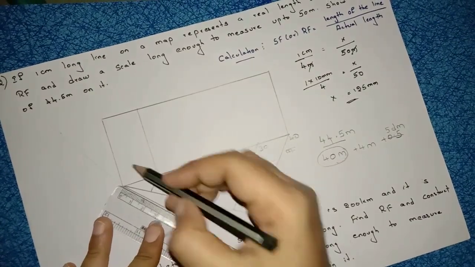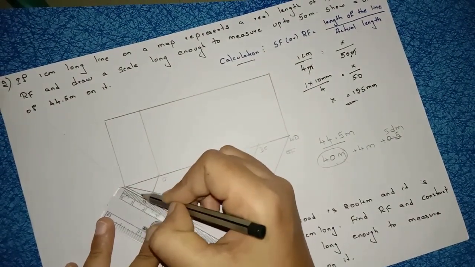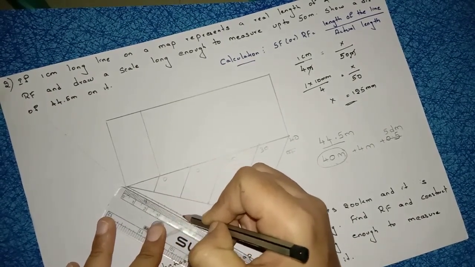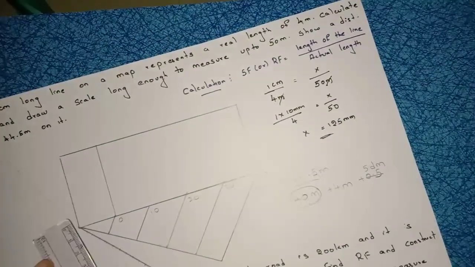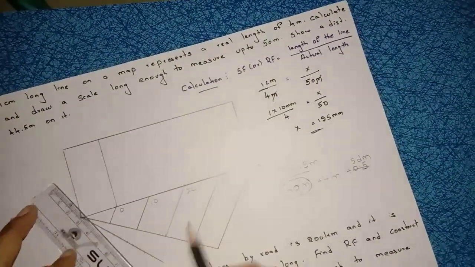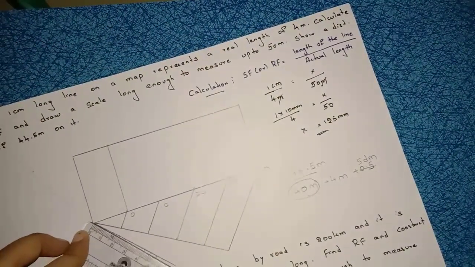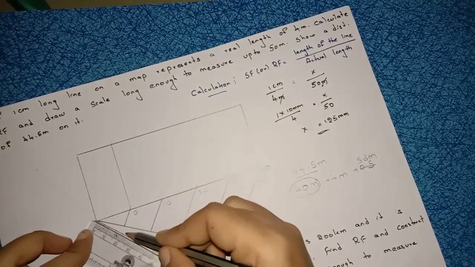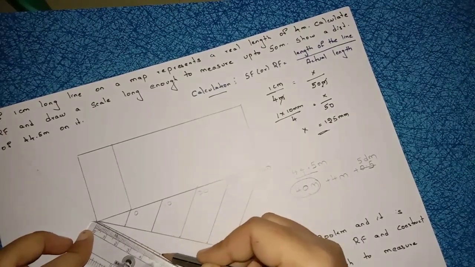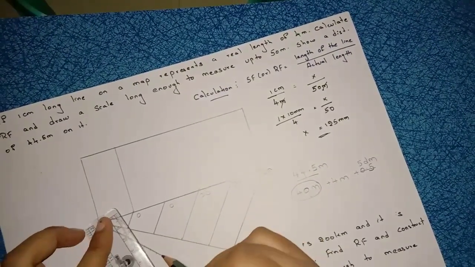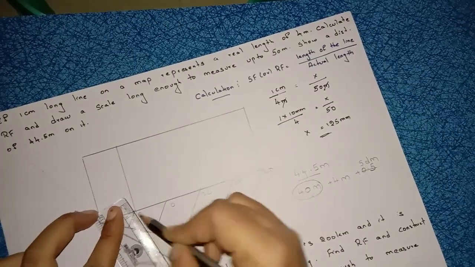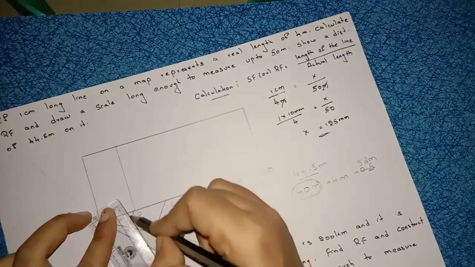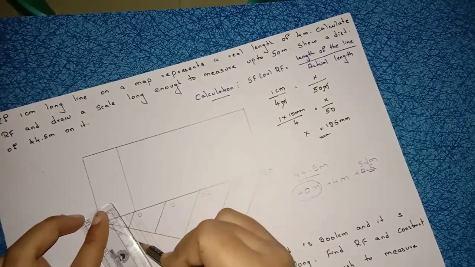So with the help of compass you have to divide 1, 2, 3, 4, 5, 6, 7, 8, 9, 10 equal parts. Then next I will join this last arc to the 0 point. From every point I will draw parallel lines.